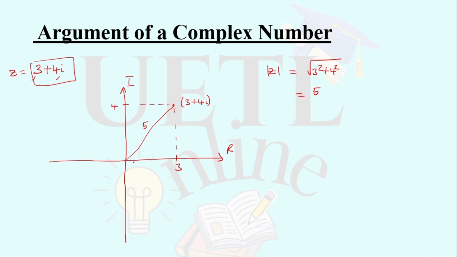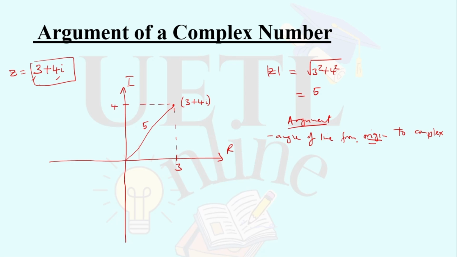Okay, now let's talk about argument. It is the angle of the line joining the origin to the complex number.